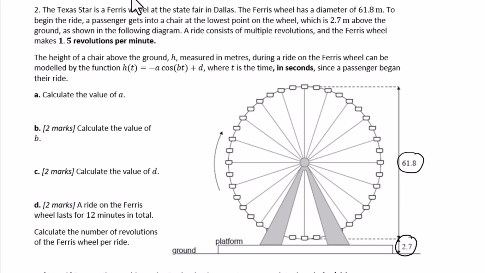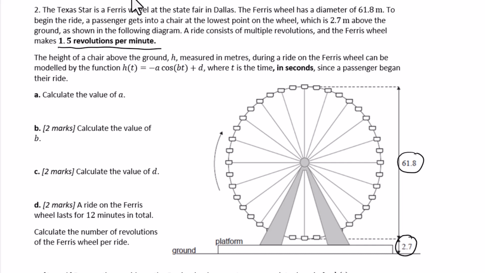A ride consists of multiple revolutions, and the Ferris wheel makes 1.5 revolutions per minute. From this information, we can figure out the period.